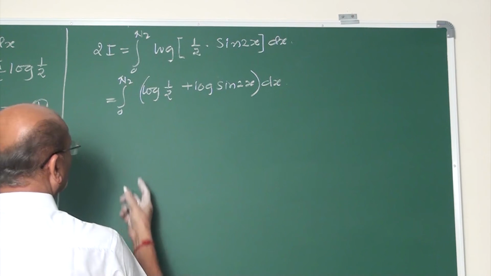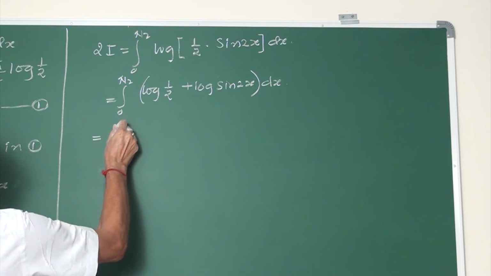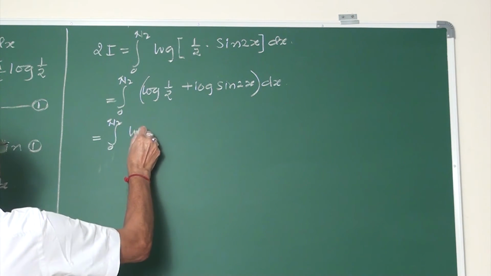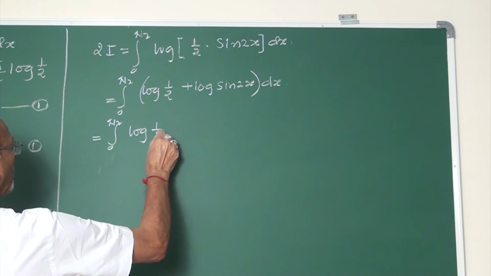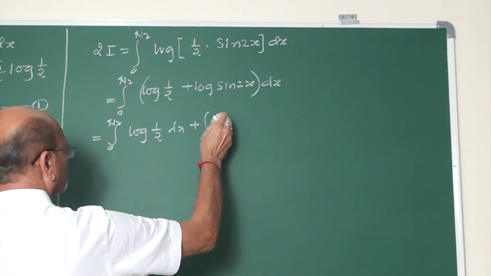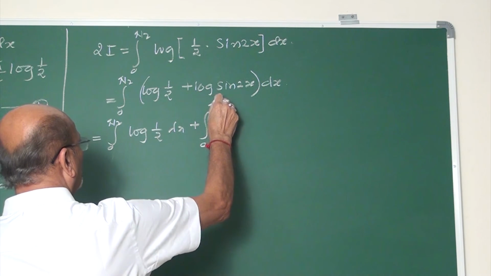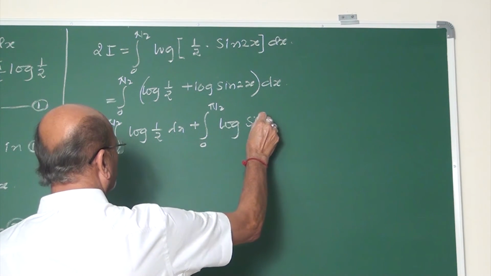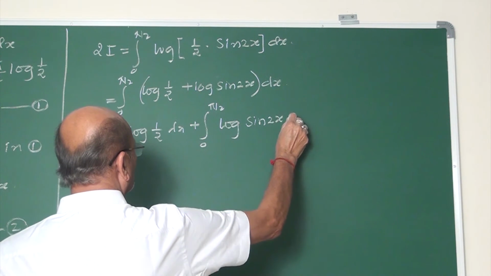Write two separate integrals. It is integral 0 to pi by 2 log 1 by 2 dx plus the second integral, 0 to pi by 2 log sin 2x dx.